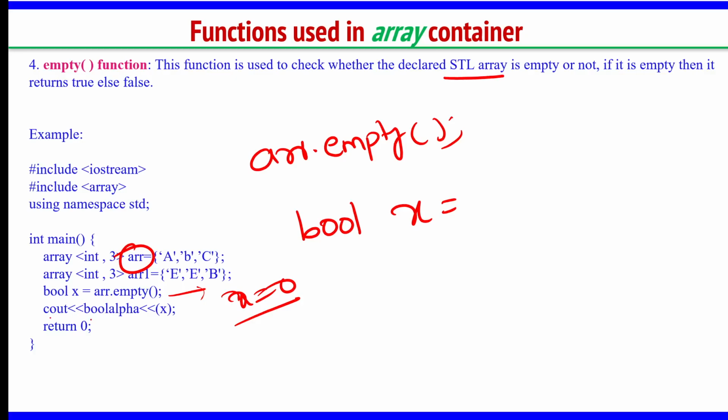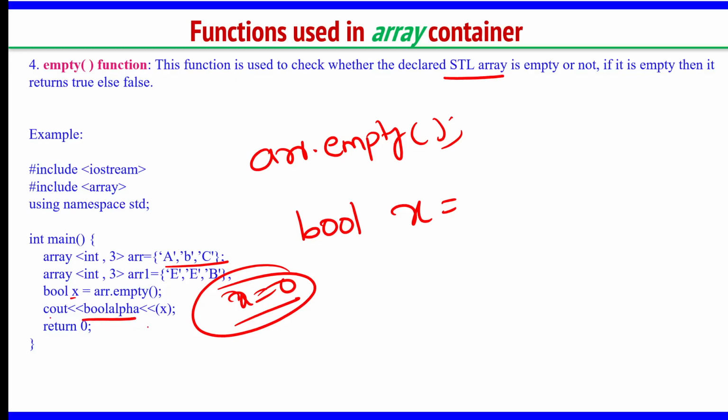Next, see cout boolalpha of x. What is this boolalpha? It is a keyword we have to use if you are converting that boolean value into alphabetical value. See, what is x here in this case? X contains 0. Why? Array arr is not empty, it has some elements. So, that x I want to print true or false.